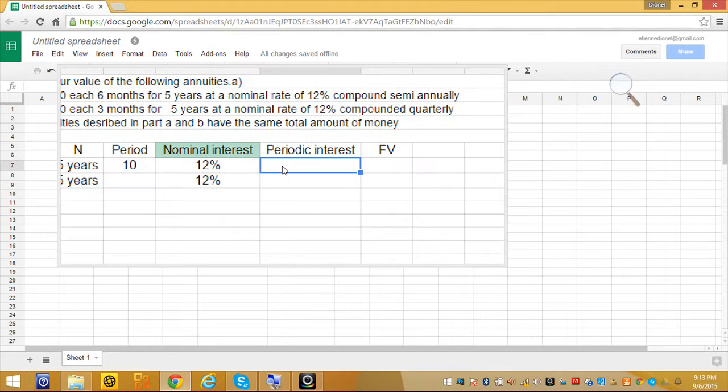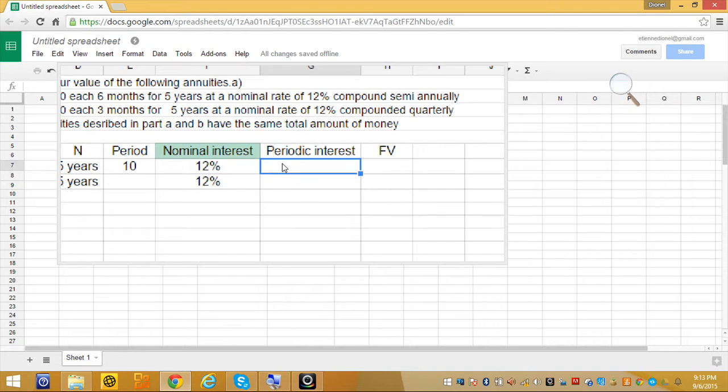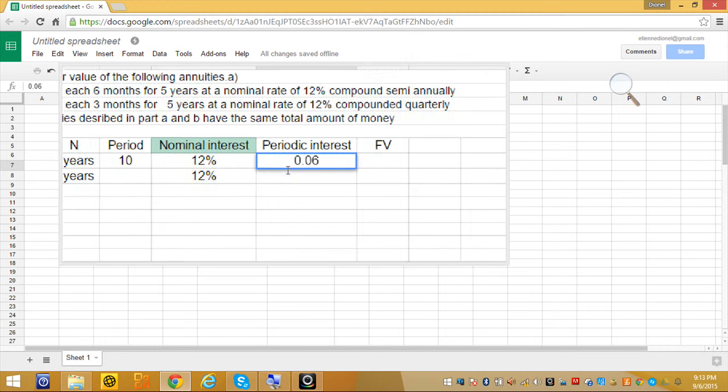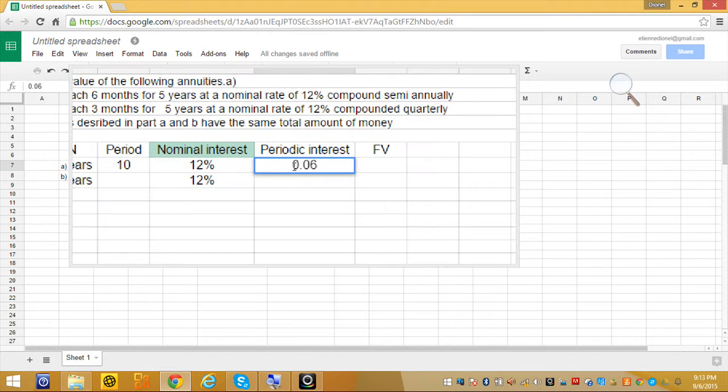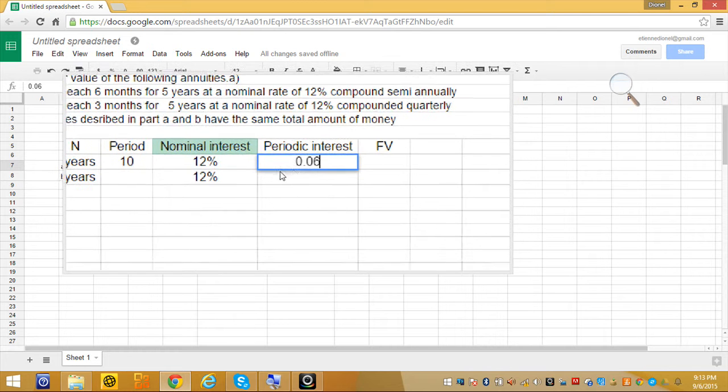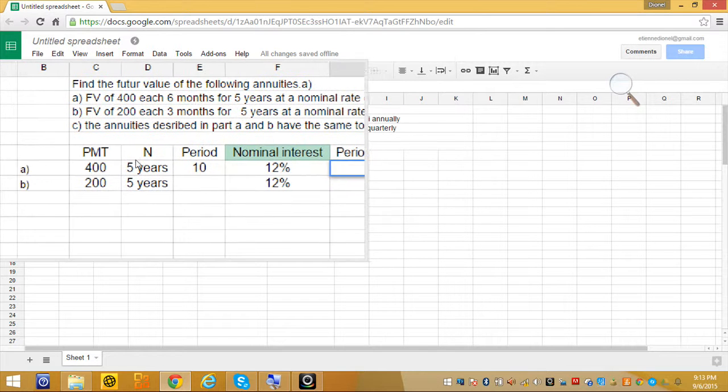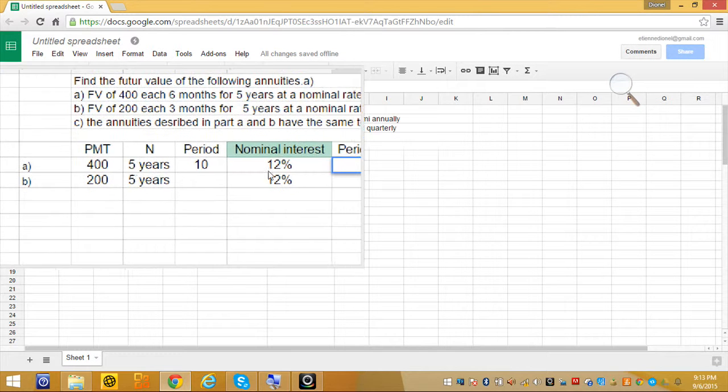If you need it for 6 months, that means compounded semi-annually, it's gonna be 12 divided by 2, which is 6%. Decimal value gonna be 0.06. Okay, that's what you got for every 6 months. So now we want to find the future value.